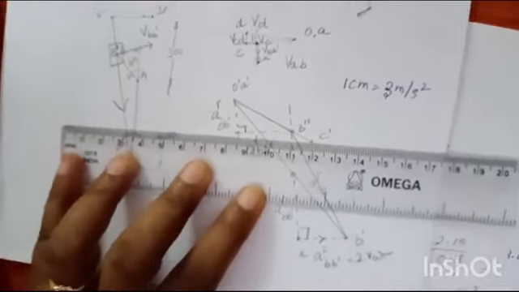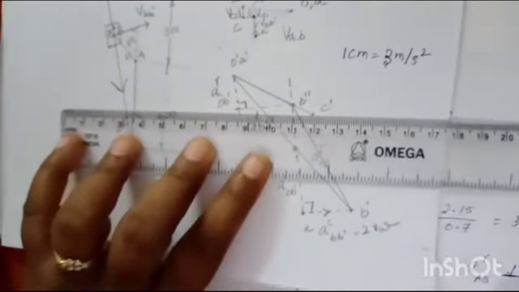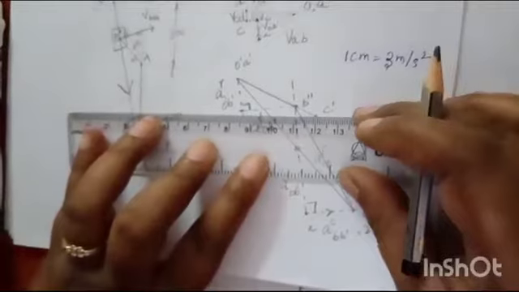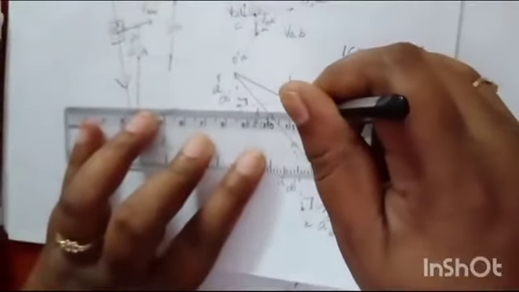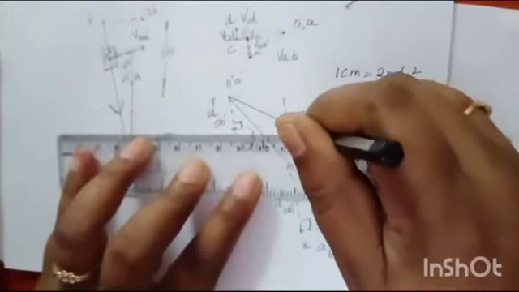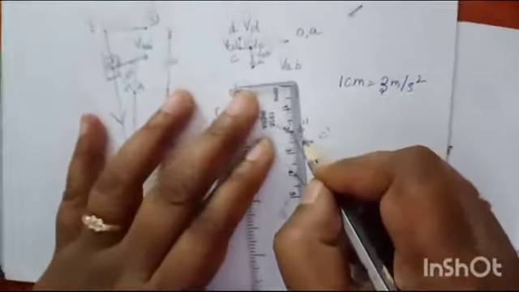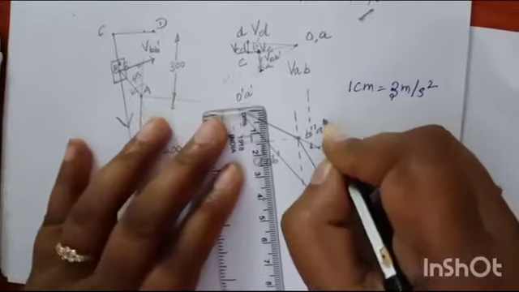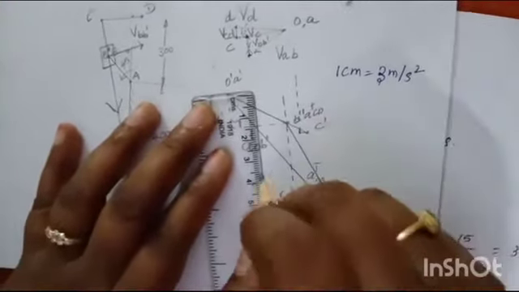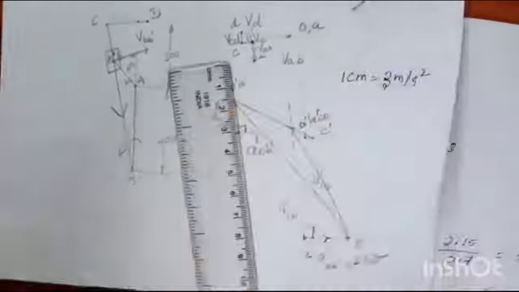For a_r CD, I already have the magnitude 0.34, which is very small. So 0.3 mm you just mark it here. So this is 0.3 mm as a dotted line. For this dotted line, take the perpendicular line, and that becomes a_t CD. So that line you just drag as it is.